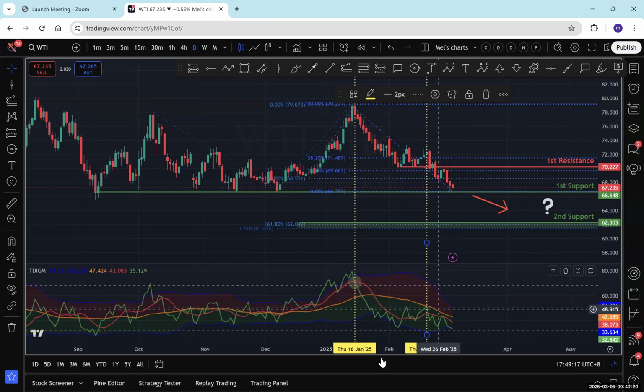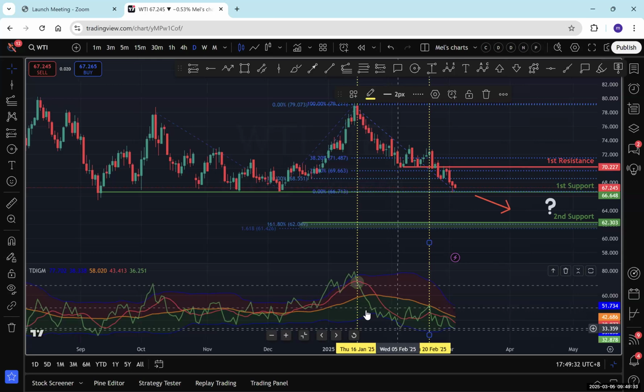The next strategy, let's look at maybe possible divergence.